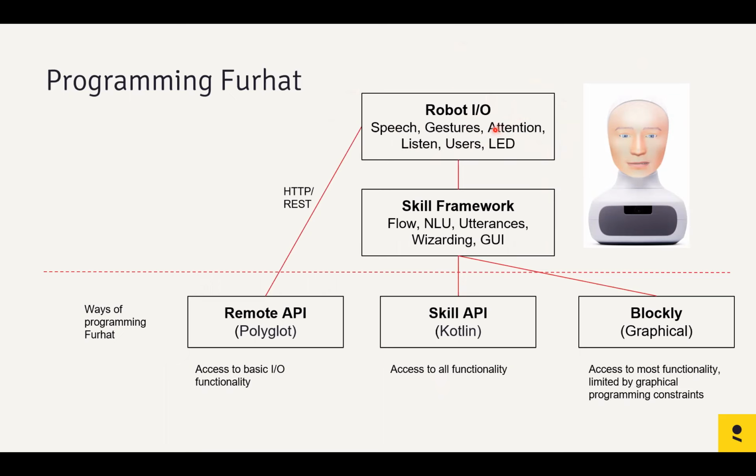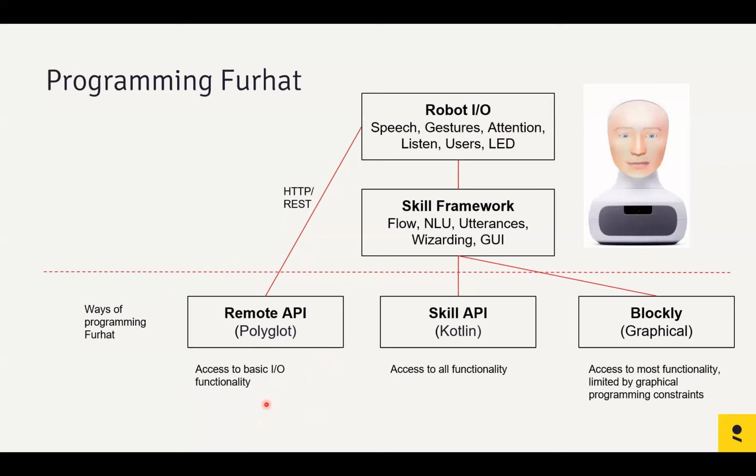If this is the only thing you want to control, and you might already have another conversational system that you want to connect to the robot, there is something we have recently developed, which is the remote API. There you have access to this basic input-output functionality.